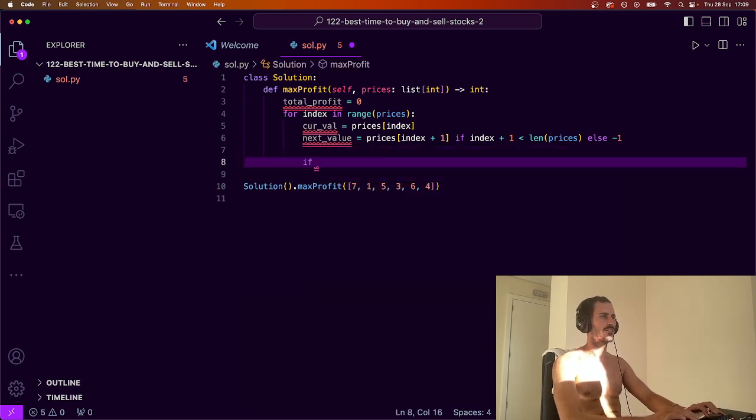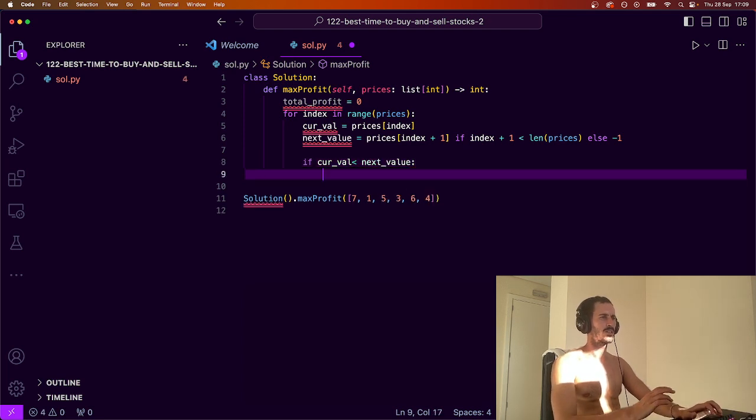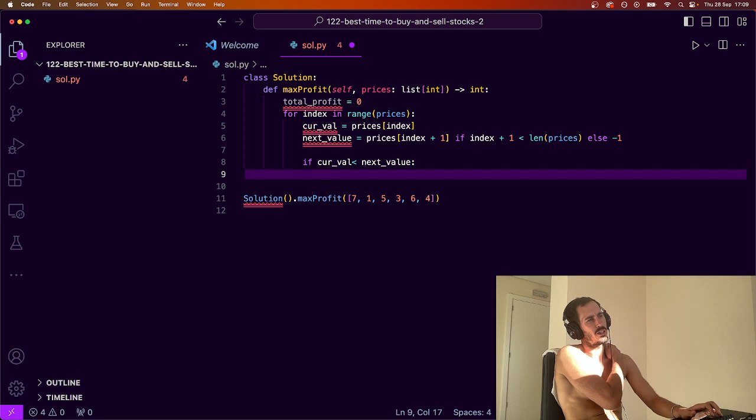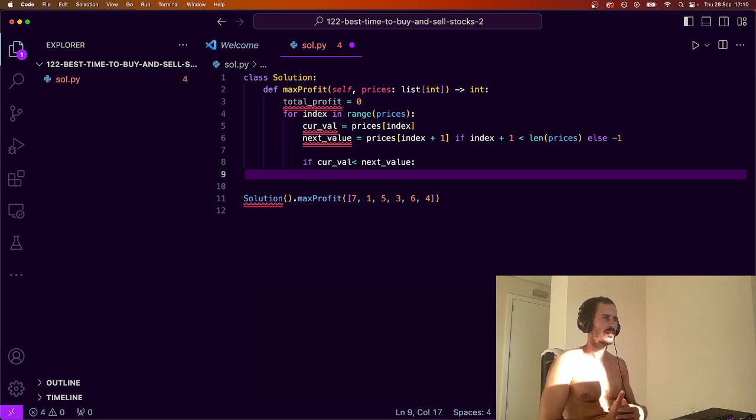So if current value is smaller than next value, let's buy. I think we can just go and say, we're gonna buy and sell the next day, always, even if we buy it again the next day.